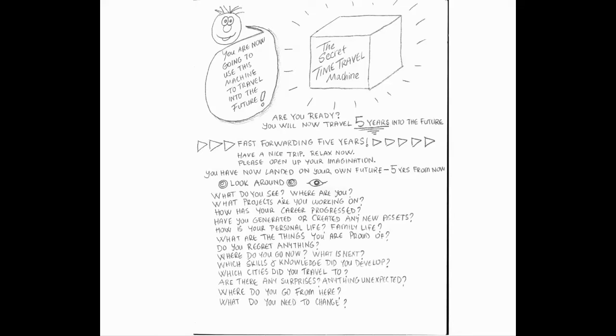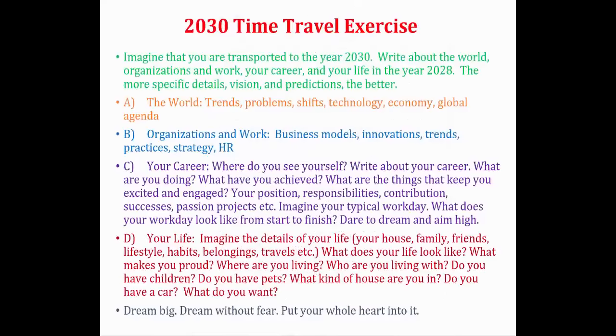Imagine that you are on a time travel machine, okay? You are transported 5 years into the future, 2030. You come out of the time travel machine, you are immediately in 2030, yeah? What do you see? I want you to imagine the world in 2030.